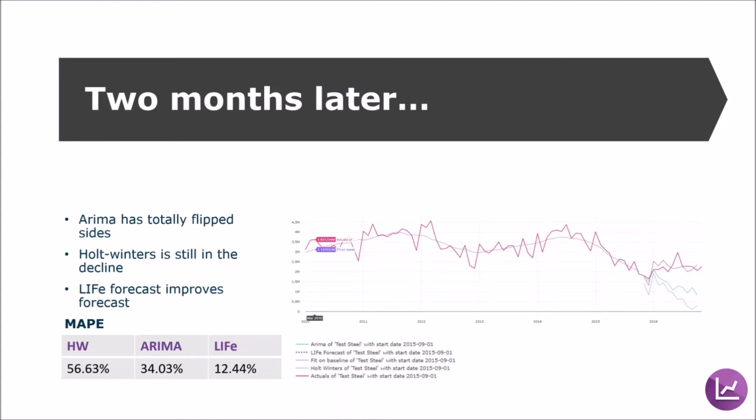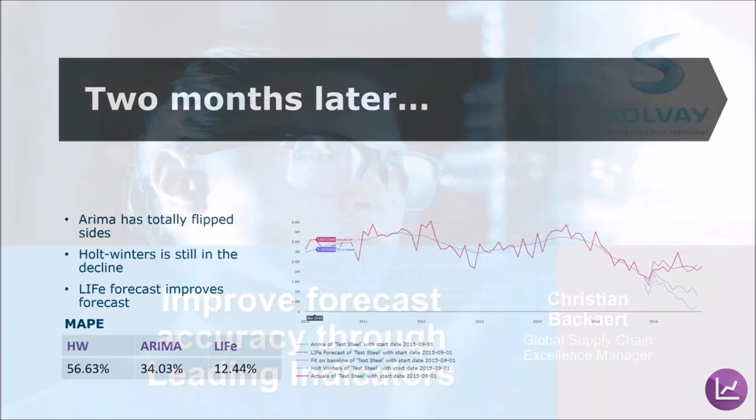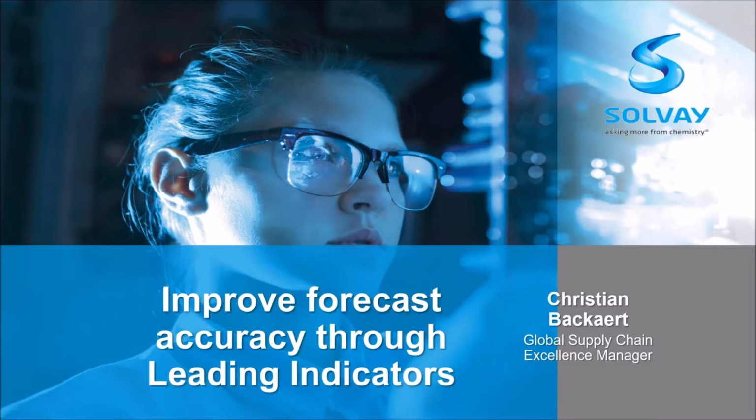If I'm 3 months later, I will have 3 new observations of my leading indicator, but 3 are still there. So half of the weight is still based on the same observations. So automatically we get forecasts which are not only more accurate, but also more stable. And those are, of course, 2 key advantages that companies get when they start using leading indicator forecasts.